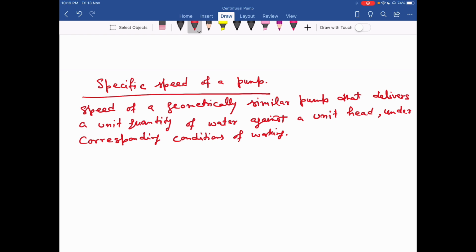Now I am going to derive the formula for the specific speed of a pump. Now I have U equal to pi D N divided by 60.